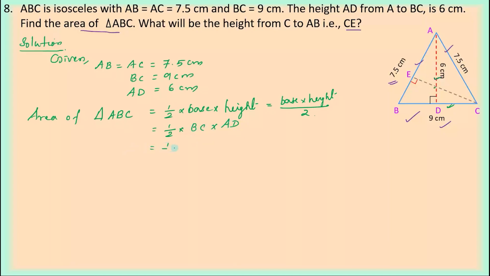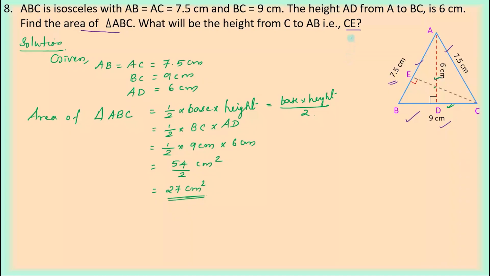That is equal to half into BC is given, that is 9 centimeter into AD is 6 centimeter. That is equal to 9 into 6, that is 54, then divided by 2 centimeter square, that is equal to 54 divided by 2, it is 27 centimeter square. This is the area of this triangle ABC.